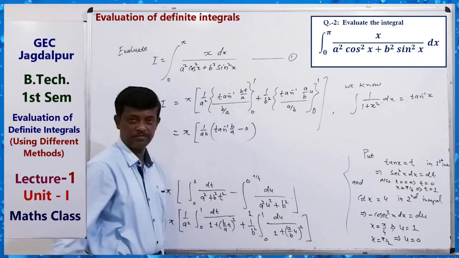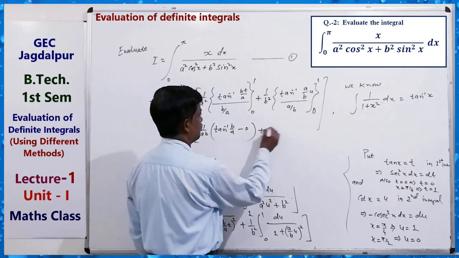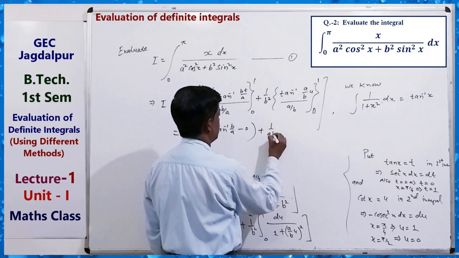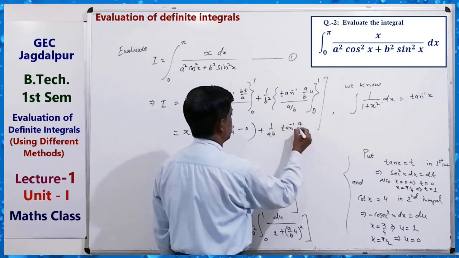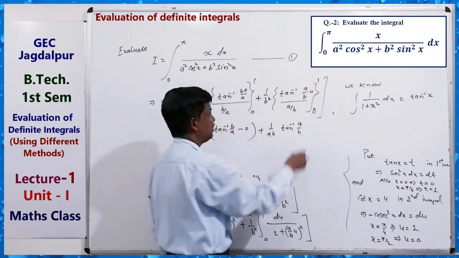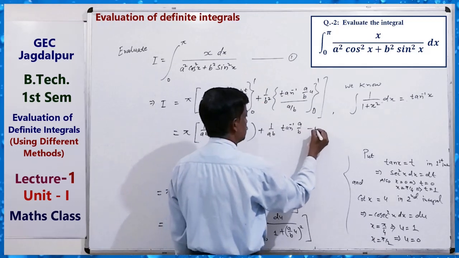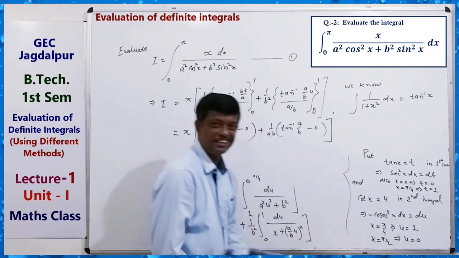This is the first value. Here 1 b cancels, ab, tan inverse a by b, by putting limit 1 and by putting 0. This is our result.